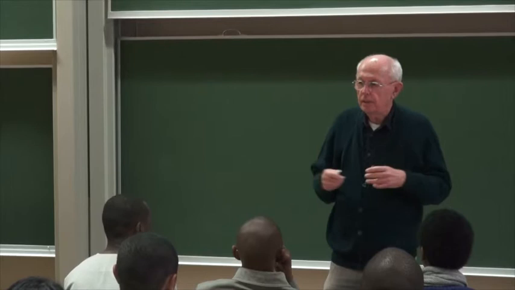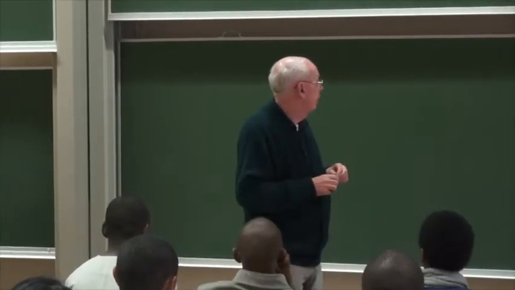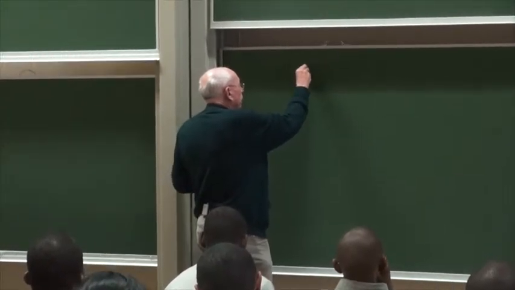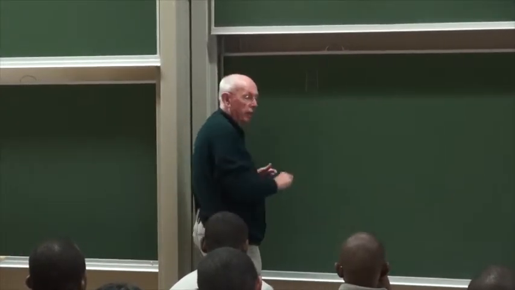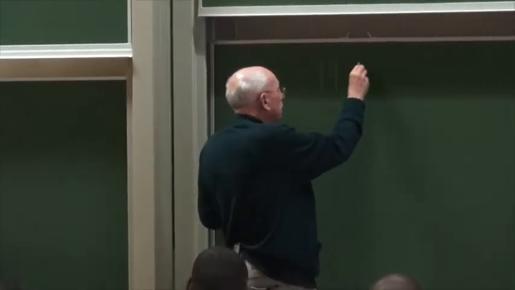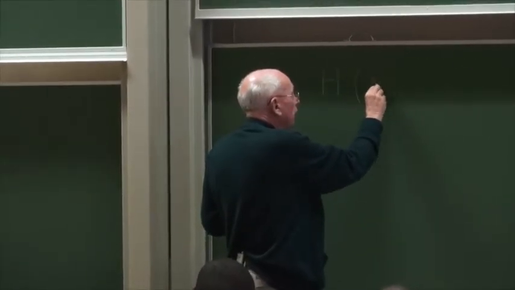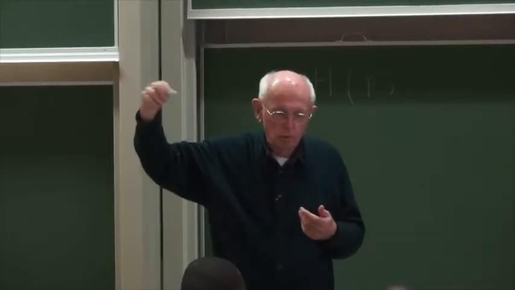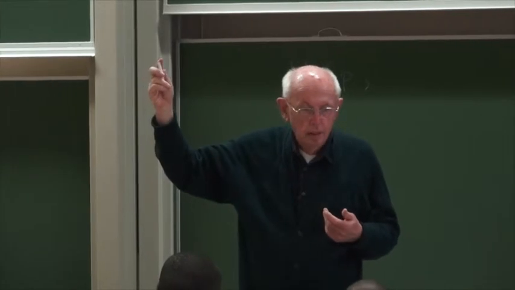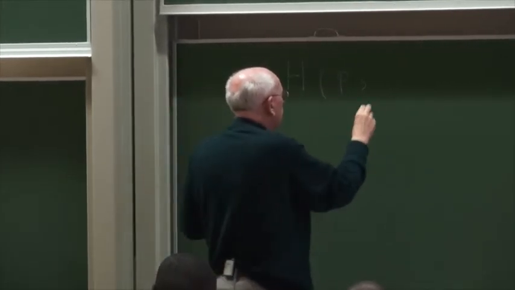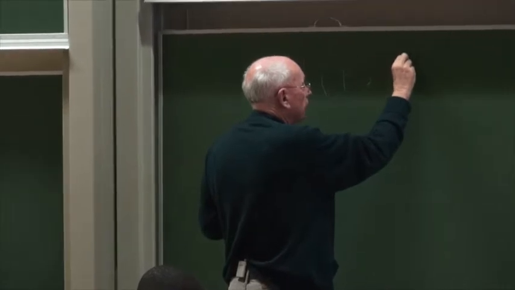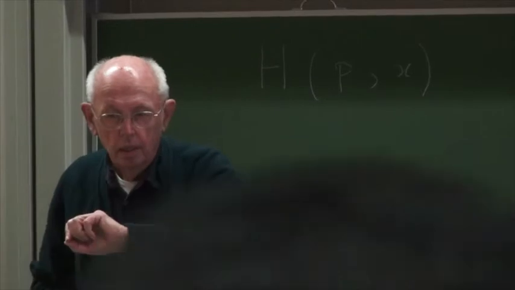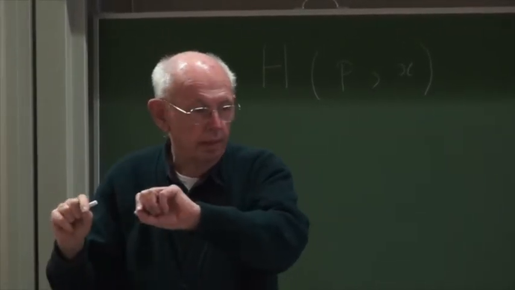Without doing all the formalities, we can say what we have is a function which we will call h, which is a function of p, and in general one uses q for the coordinate. But let me stick to what we've been using. We've been using x. So we've said there's a momentum and there's a position, a coordinate.